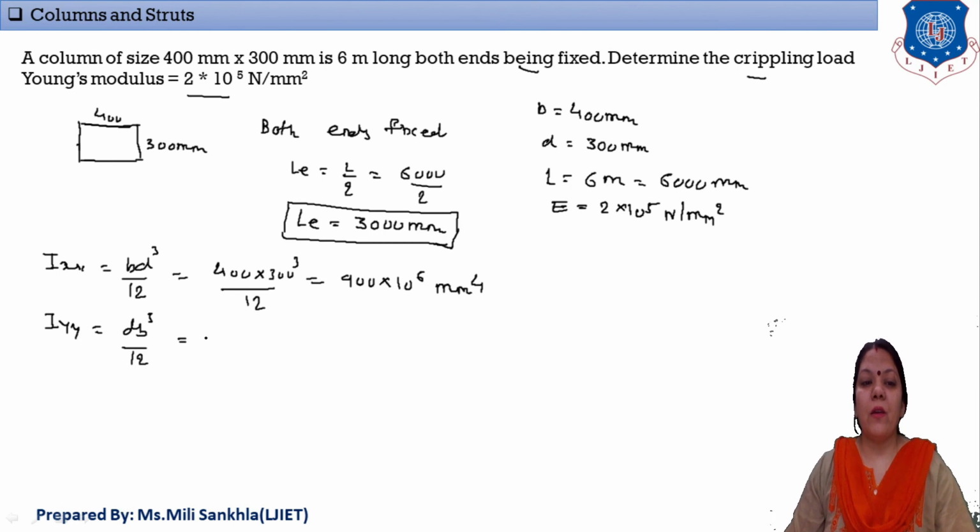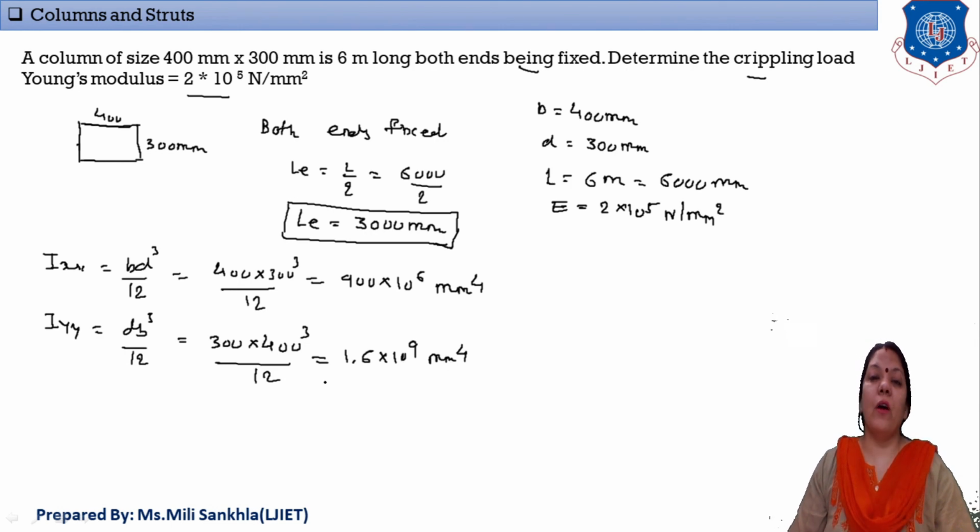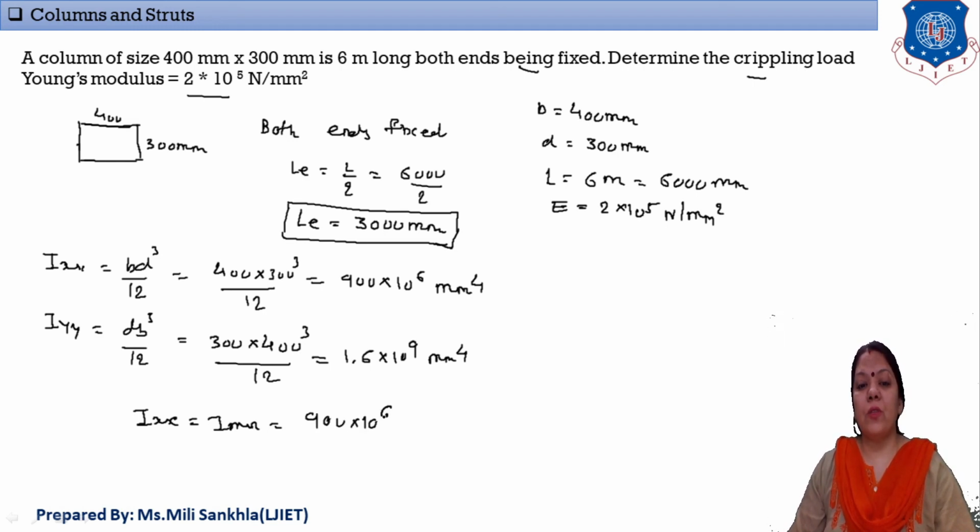Second, 300 into 400 cube by 12, and the answer is 1.6 into 10 raised to 9 mm raised to 4. From these two values, Ixx is the minimum inertia, equal to 900 into 10 raised to 6 mm raised to 4.